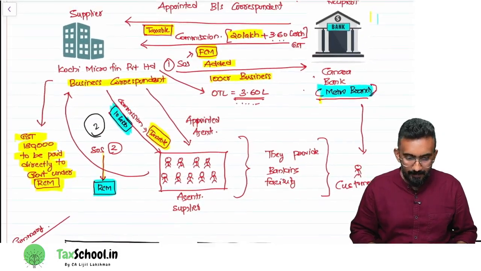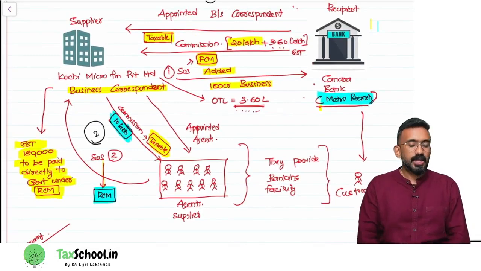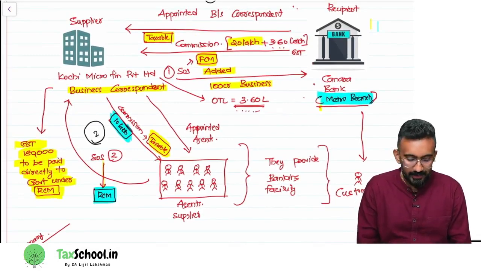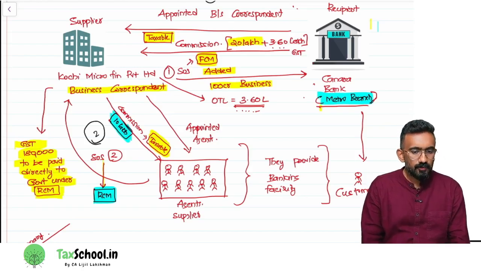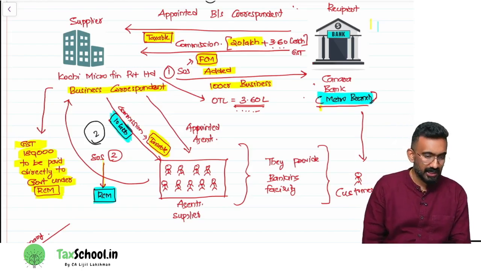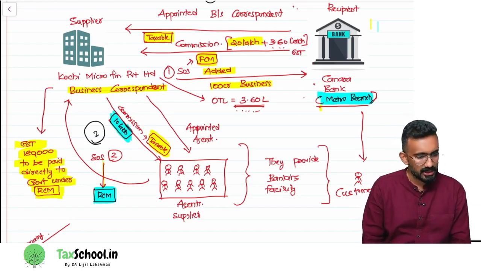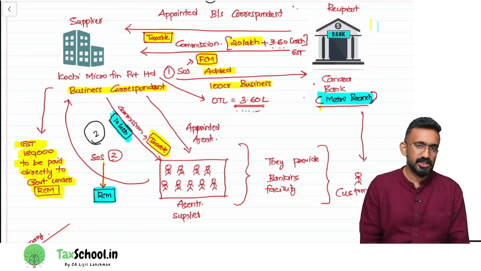Kochi Microfinance Private Limited went to a bank called Canara Bank and told them: for your rural branches, the commissions would be exempted in business correspondent also. If it's an urban, semi-urban or metro branch, the commission would be taxable.